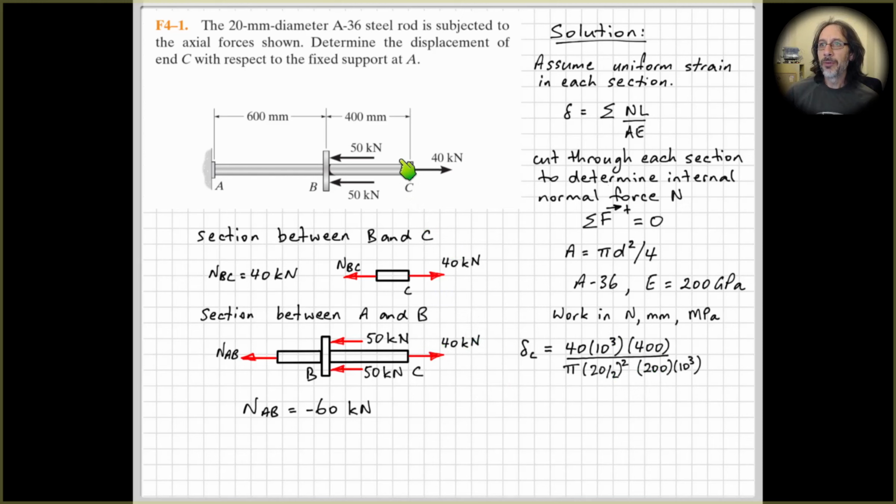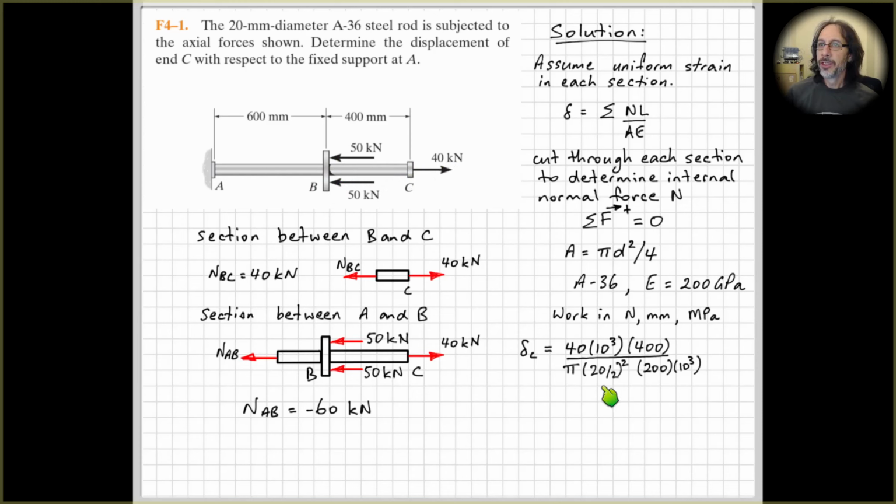Let's have a think about what's going to happen with this component. We can see that the component BC is in tension. So if we didn't have section AB here, if it was just built in or held stationary at point B, section BC is going to get longer and point C is going to move to the right.